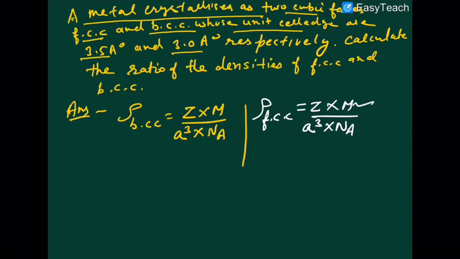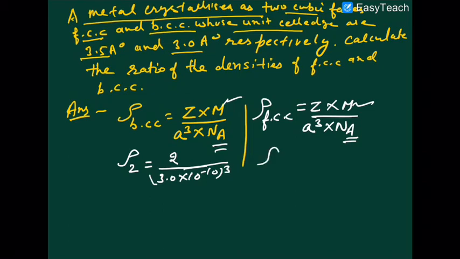Now molar mass will be same, Avogadro number will be same. So you can say that rho of BCC will be equal to 2 by, that is 3 angstrom, 3.0 into 10 power minus 10, cube.